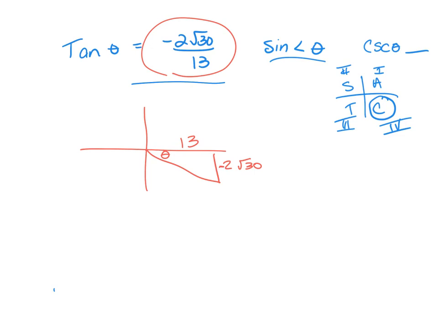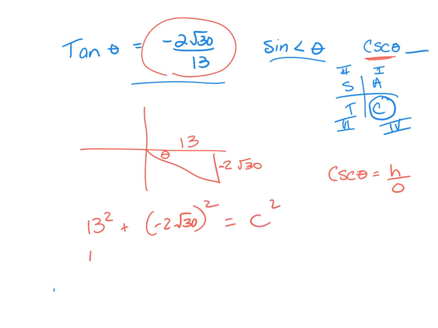And they want cosecant again, so we need the hypotenuse. Cosecant of theta is hypotenuse over opposite. So we have to do 13 squared plus negative 2 root 30 squared equals c squared. That's 169 plus 4 times 30, 120, equals c squared.